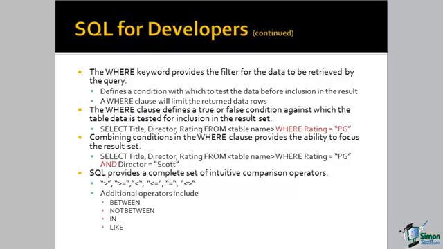So in this example, we're saying select only these columns from some table where the rating is equal to the string PG and the director column is equal to the string Scott. Now we're focusing the query on the specific data that we're interested in.